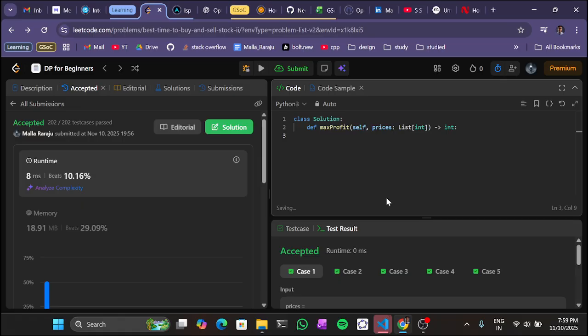Let's define DP of index comma holding. If I equals the length of prices, we return 0.